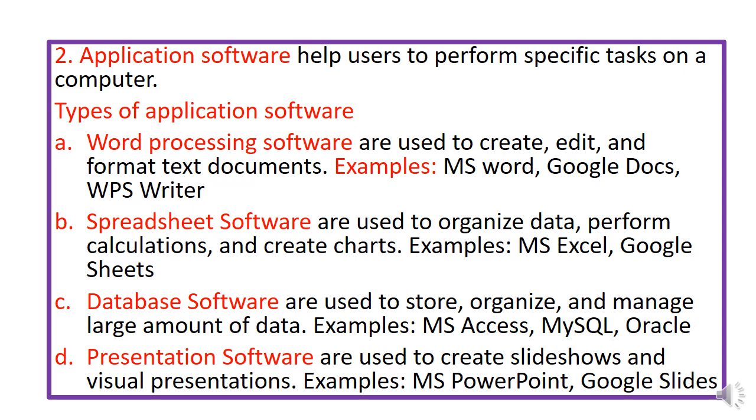So now we should discuss the second category of computer software, which is application software. As the name suggests, application software is a group of software which helps computer users to do jobs or accomplish different tasks.